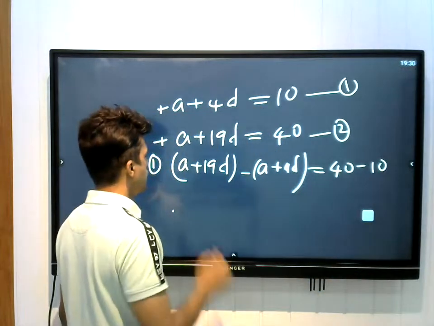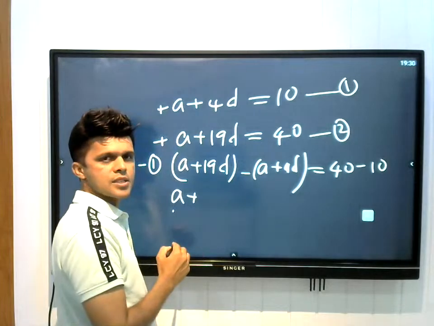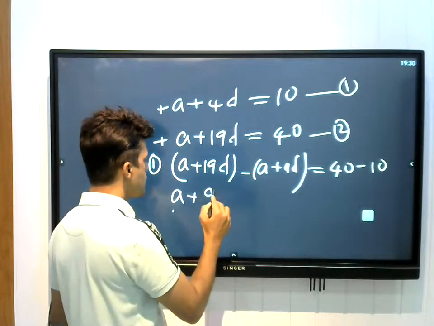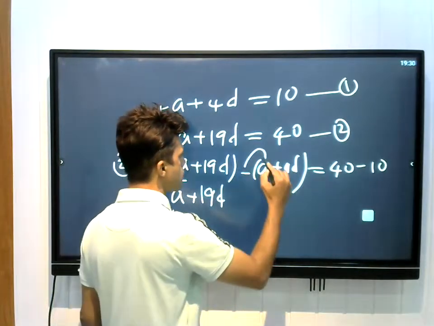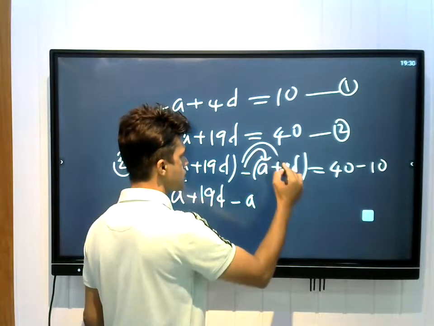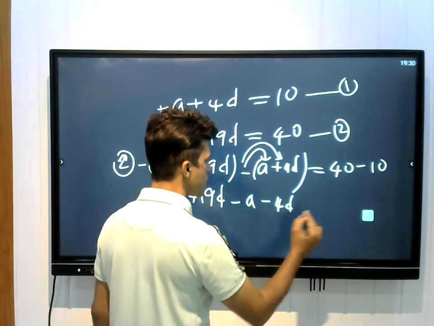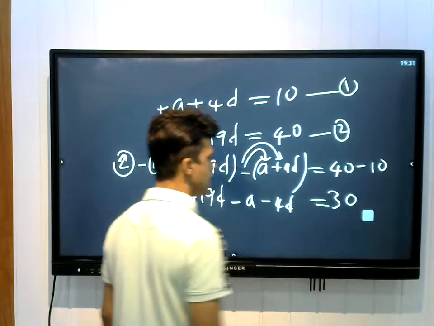Let's remove the bracket: A plus 19D minus A minus 4D equals 40 minus 10, which is 30.